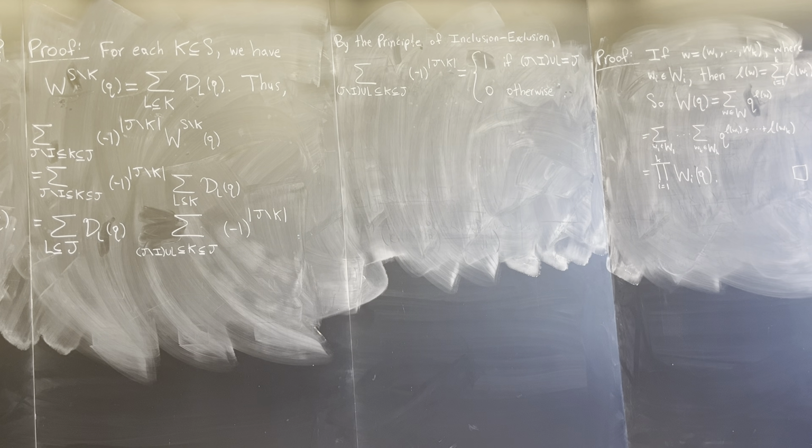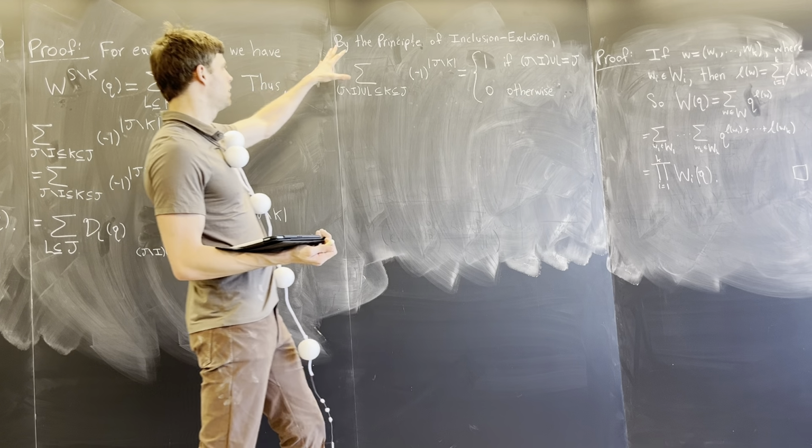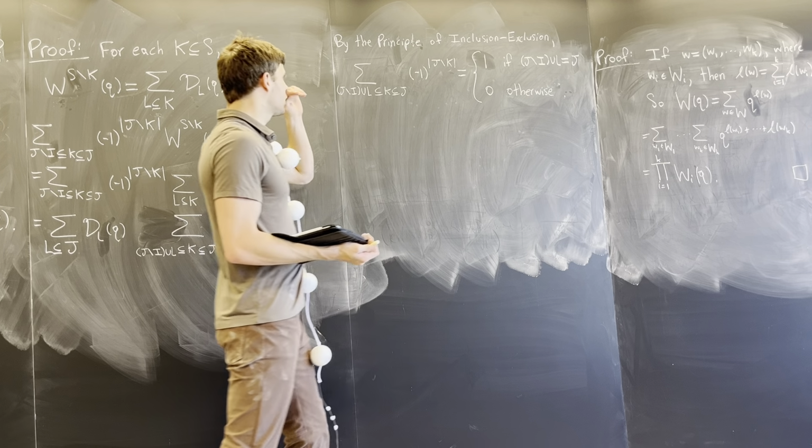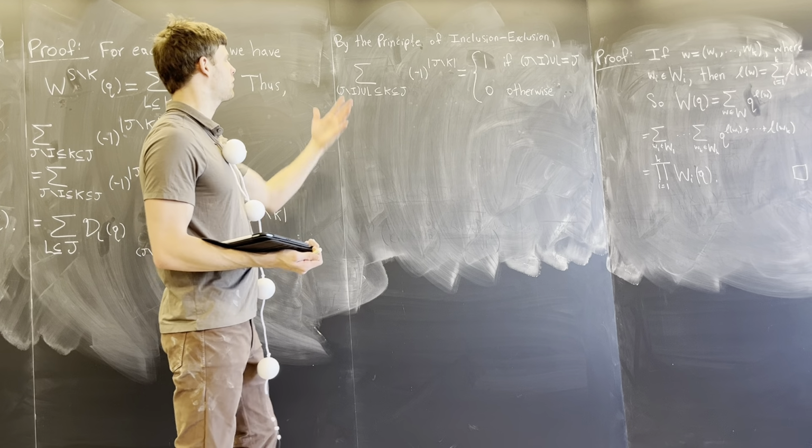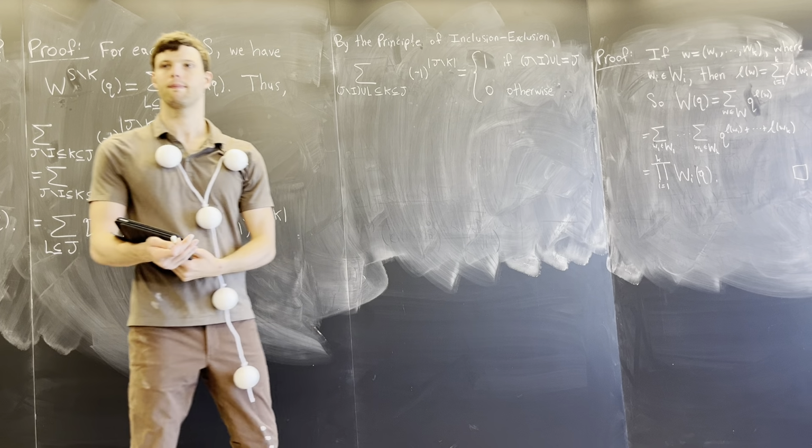Do you agree with this, or should I say more about this? This is sort of just a different way of thinking about the principle of inclusion-exclusion. I don't know the way that you've learned to think about it, but this is just one way to phrase it.